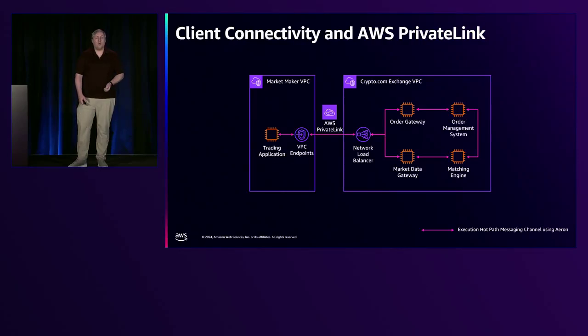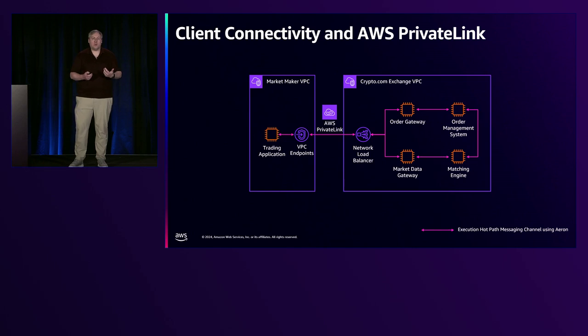And so to solve this, we implemented AWS Private Link. Private Link allows us to offer a direct connection between our VPC and our clients' VPCs, bypassing the complexities that come with overlapping CIDR ranges and the unpredictability of the public internet routing. And by leveraging network load balancers, we achieved ultra-low latency connections while maintaining secure and isolated communication.